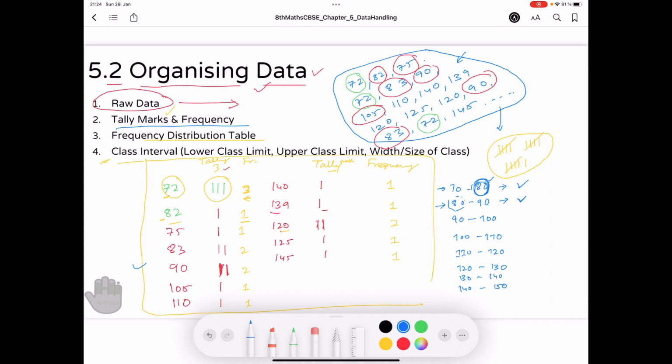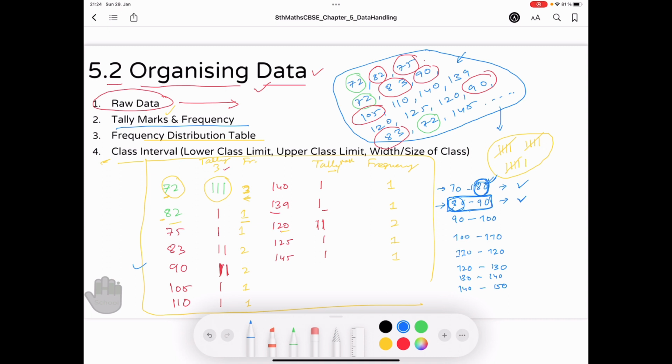As a convention, we consider it in the higher class, so wherever it is the lower limit, we will consider it.